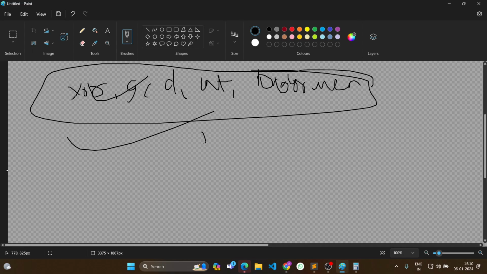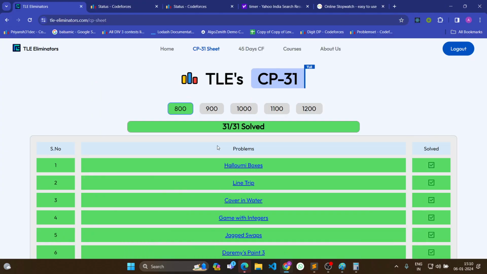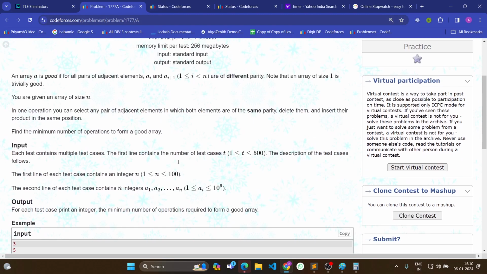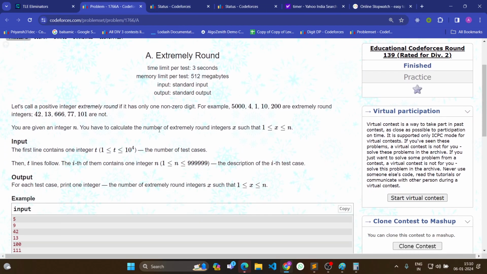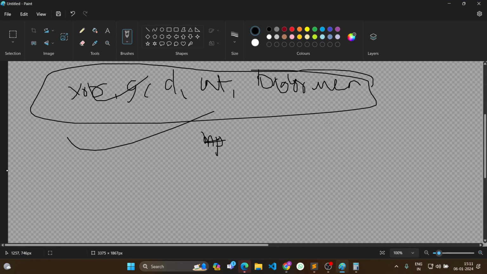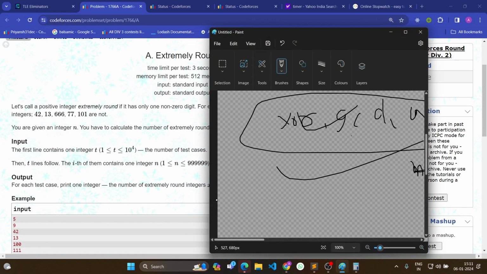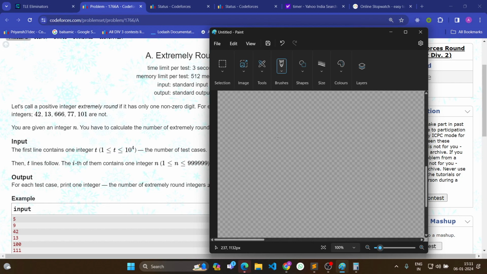And in one or two problems, like in one of these problems, extremely round, I sort of thought that maybe it has to do something with maths. For example, let's say I have to calculate till 40.